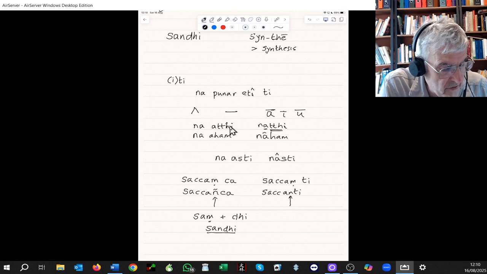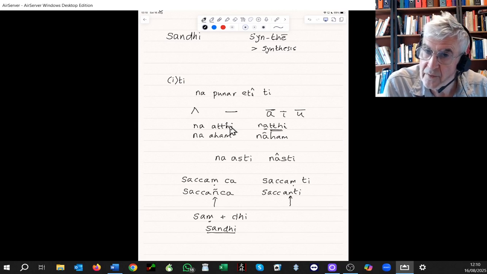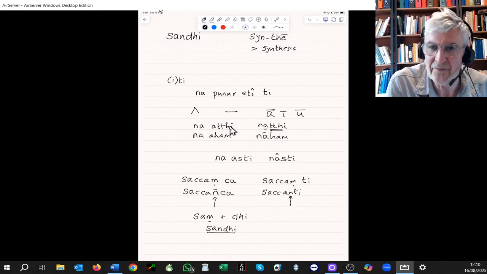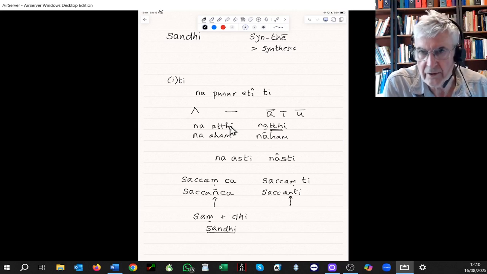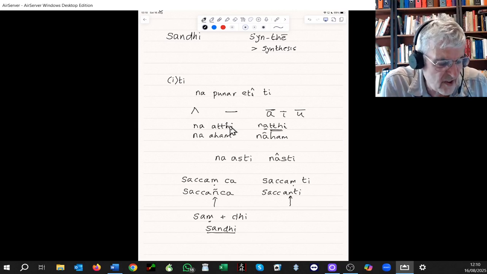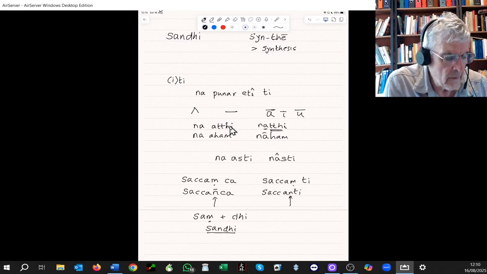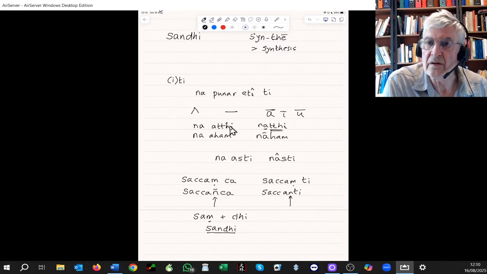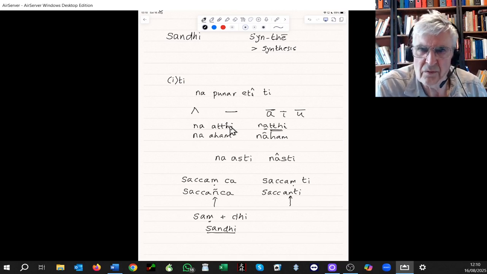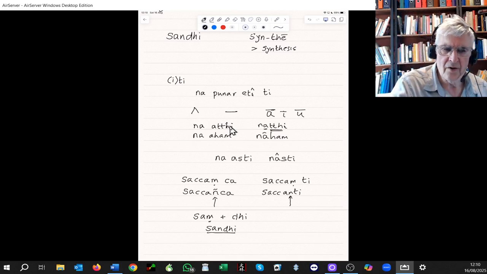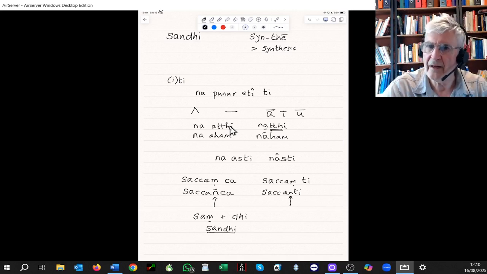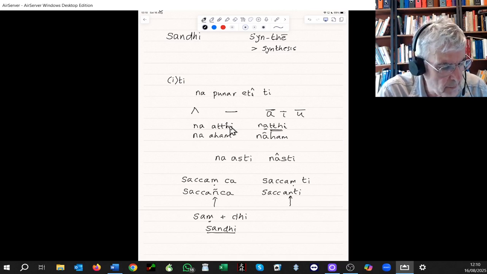For the persistence, non-confusion, increase, and fulfillment of good elements, good mental states, good phenomena. Again, it's stylistic. You can optionally leave it out. Mostly you don't, but in a kind of a rolling doctrine like that, each word kind of emphasizes the other, and more or less synonyms, you will often find the cha omitted.